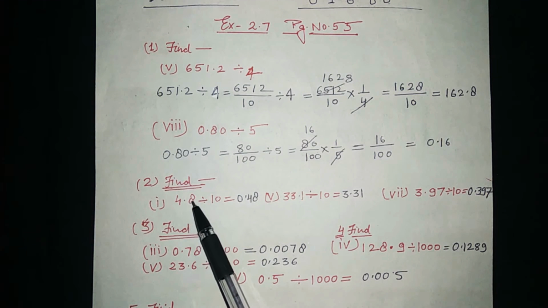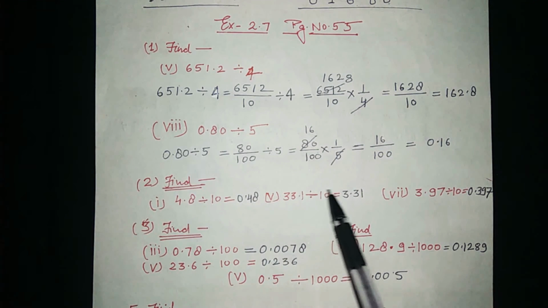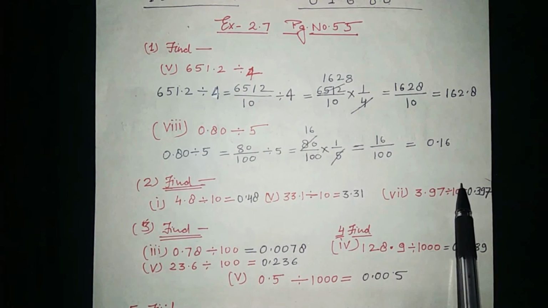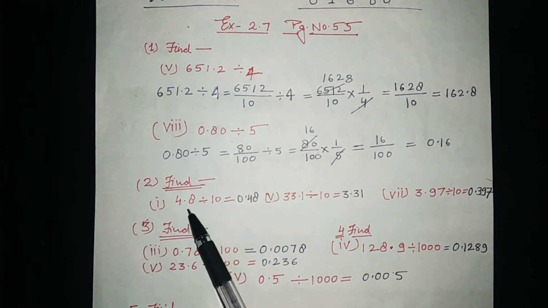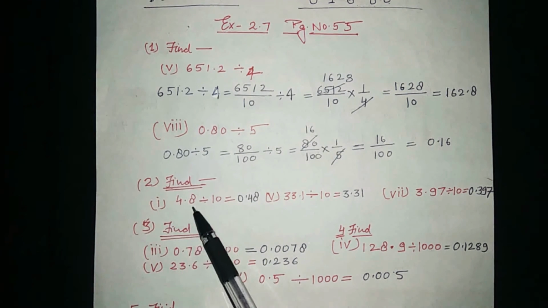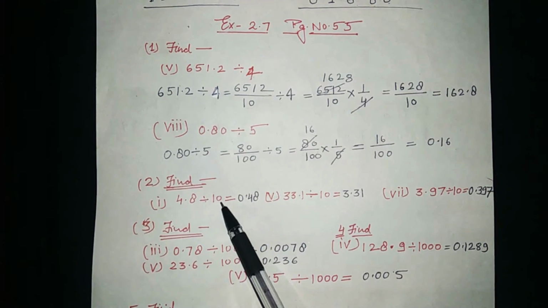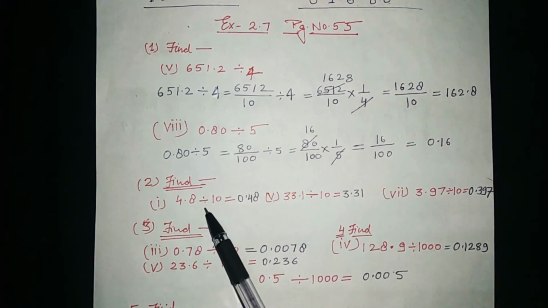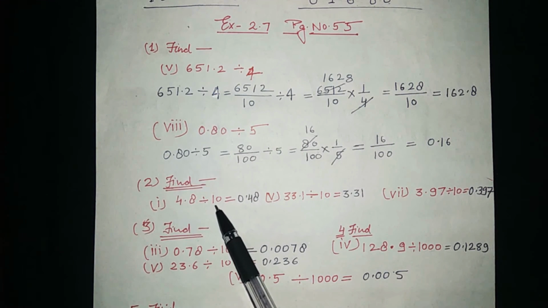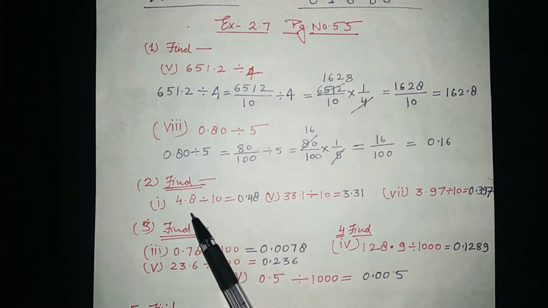Now come to question number 2. In question number 2, we can see all the decimal numbers we have to divide by 10. So now see how you have to divide any decimal number by 10. 4.8 divided by 10. When we divide any decimal number by 10, we shift the decimal left side by 1 place.